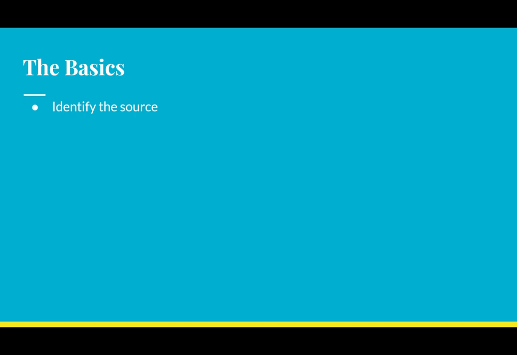So I start with identifying the source. And when I talk about what it means to identify the source, of course, you start with literally identifying the source. Like, what is this source? Is it an image? Is it somebody's diary? Is it a letter from one person to another, or one person to an organization, or an organization to an individual?